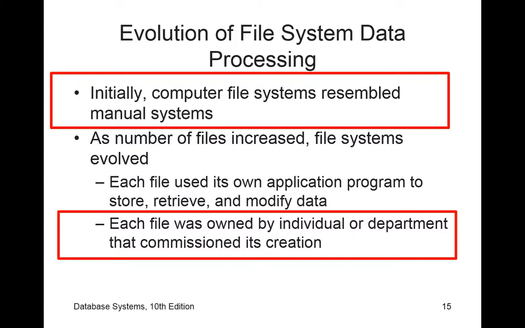A little bit of evolution history. Computer file systems resembled manual systems in the beginning. And remember, in Oracle, we talked about the original database systems were what we called stream systems. I've worked with one. They are a real pain because you change the information in file number 3, and then that changes the location of every other file in that stream.